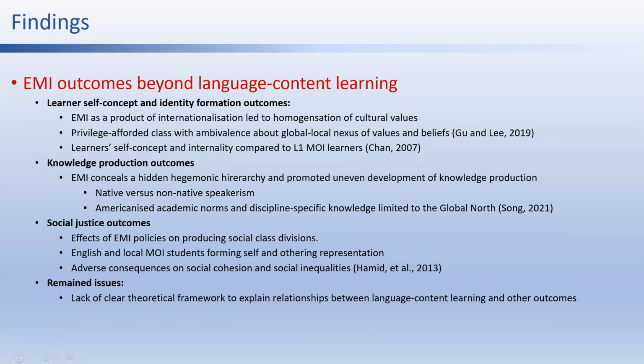And it has also led to a new creation or division of different classes, the privileged classes in EMI, with ambivalence about the local and global nexus of values and beliefs, and learners' self-concept and identity compared to first language medium instruction learners as well.